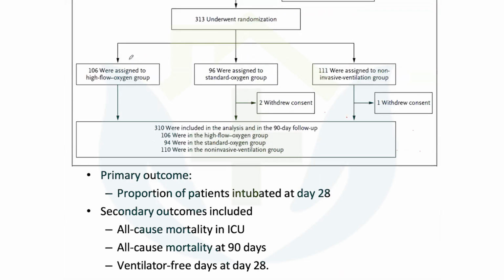Then a total of 313 patients were randomized into three groups, and the primary outcome was the proportion of patients intubated at day 28, and secondary outcomes were all-cause mortality in ICU, all-cause mortality at 90 days, and ventilation-free days in 28 days.